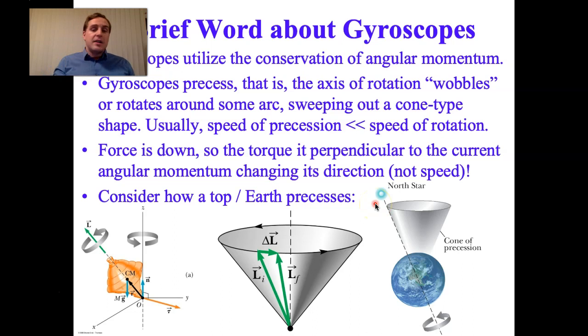In about 10,000 years, or whatever it is, some very long period of time, it'll be pointed away from that North Star. And then in another 10,000 years, it'll be pointed towards that North Star. So it's a very slow precession of Earth's axis of rotation. And by the way, this does affect Earth's climate slowly over time.